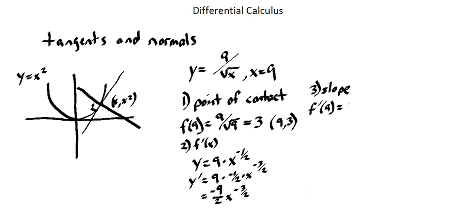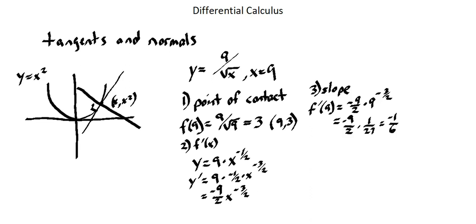When I input 9 in place of x in the derivative equation, I have negative 9/2 times 9 to the power of negative 3/2. We can simplify to negative 9/2 times 1/27, which simplifies to negative 1/6.